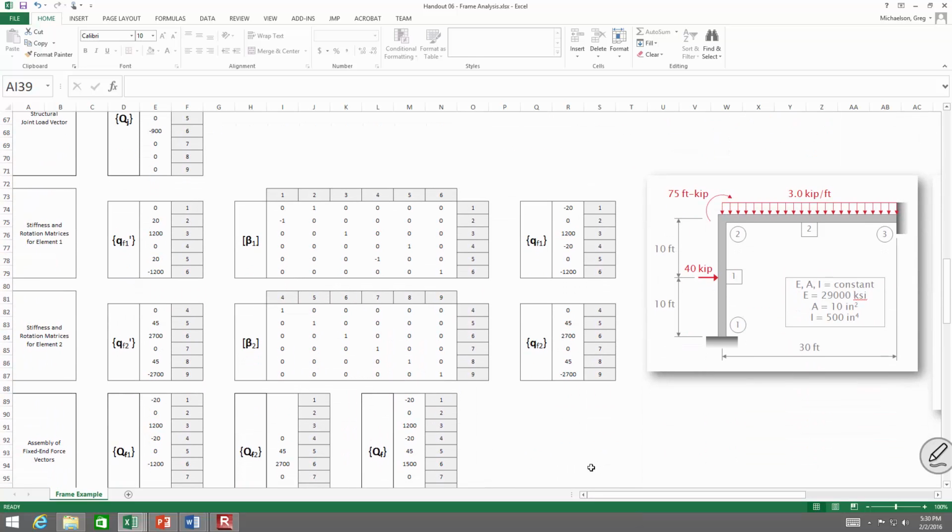Now, this is a little more of a subtle point, so I'll take my time with this one. It's subtle, but I'll explain what's going on. Let's talk about the local fixed-end force vectors, right? So how do the local fixed-end force vectors work?